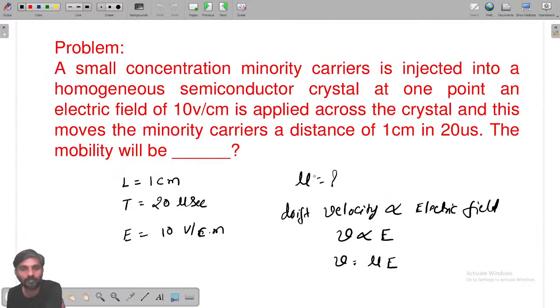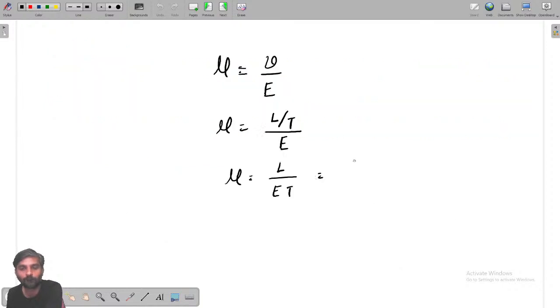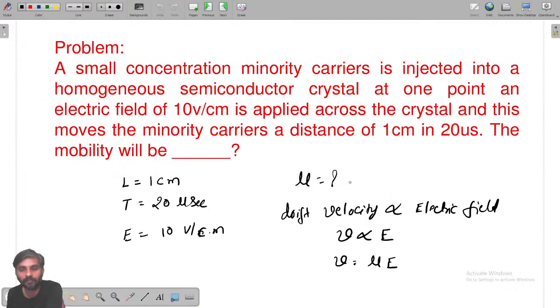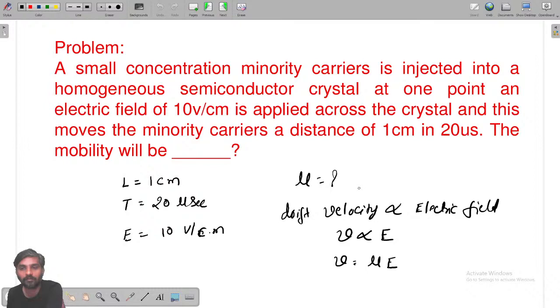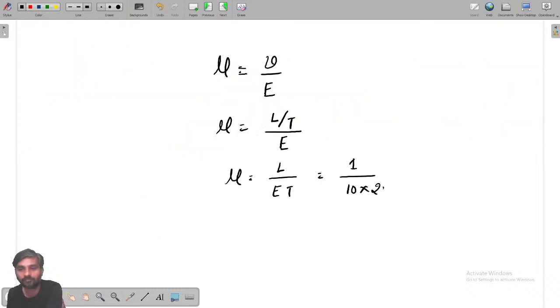How much distance is traveled? 1 centimeter. So it is going to be 1 centimeter by E, and E is 10 volts per centimeter, times 20 microseconds. So what is the value of mu?